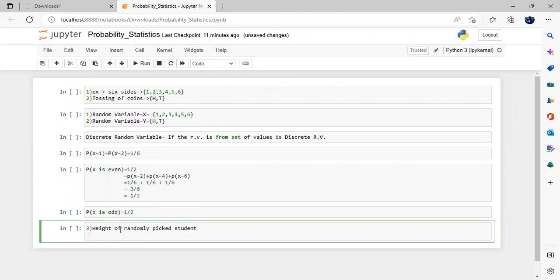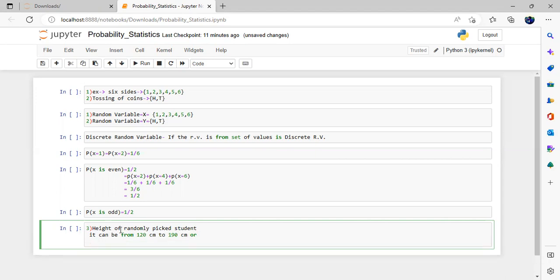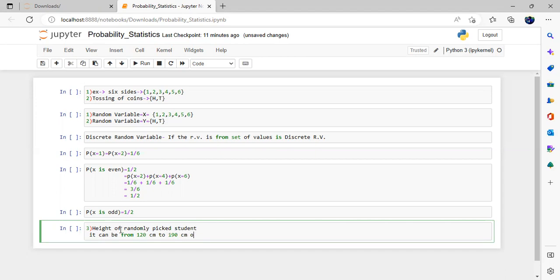We are just assuming that it can be from 120 centimeter to 190 centimeter. We are just assuming it, okay? Or you can say that it can be less or more as well.